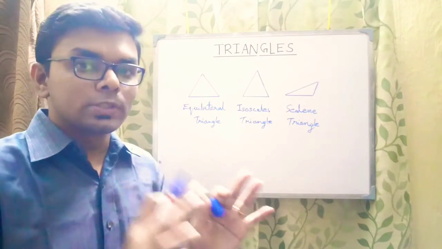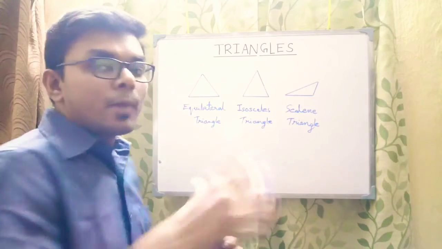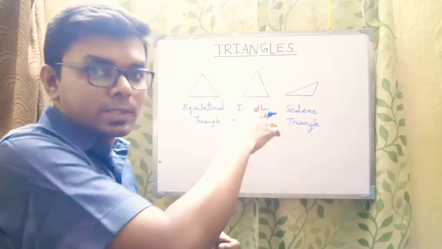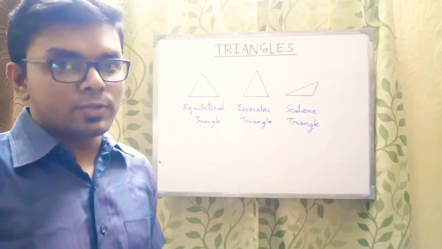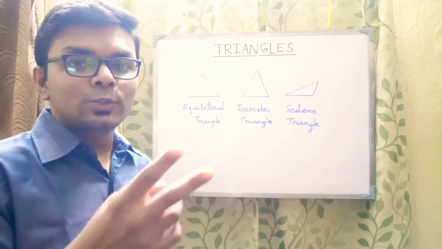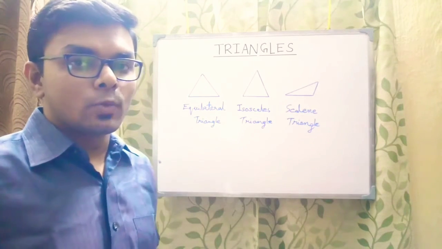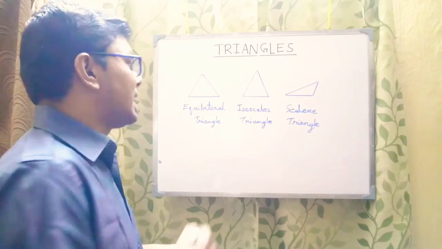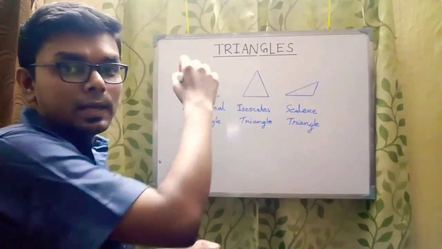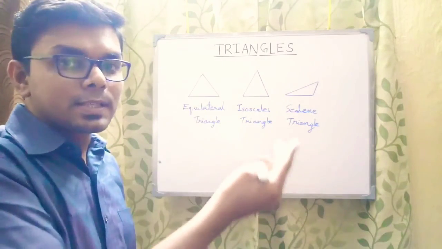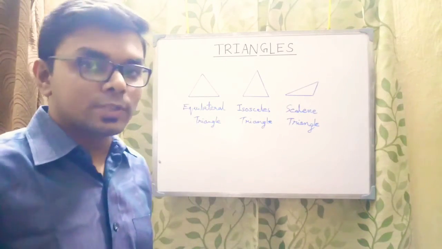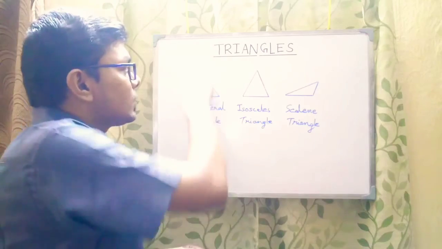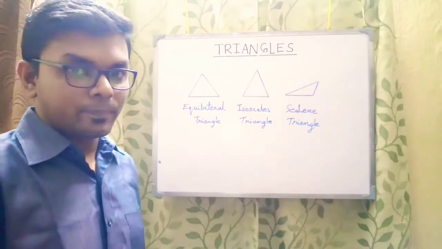Now even if the third side becomes equal, then also it will be an isosceles triangle, because in that case also the condition that two sides are equal is followed. I hope it's clear to you. That means an equilateral triangle, where all the three sides are equal, is also an isosceles triangle, because here also two sides are equal.